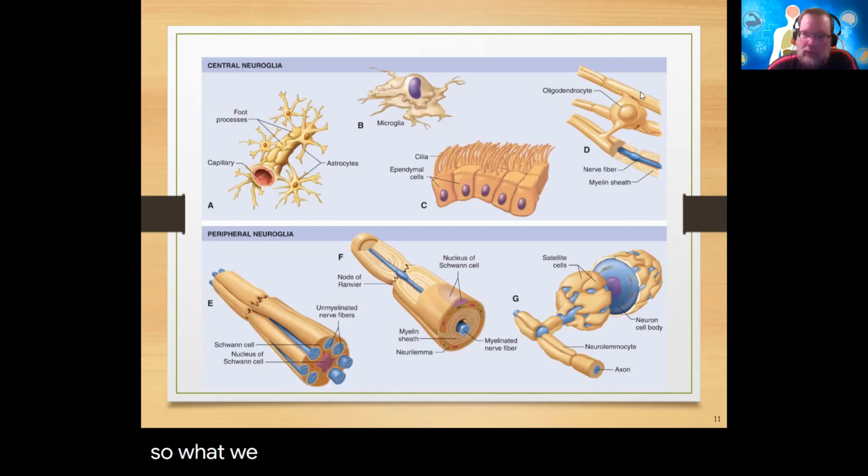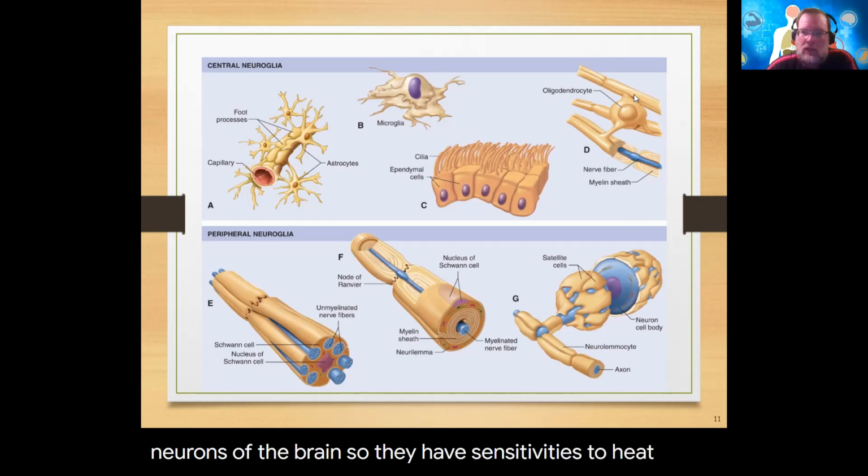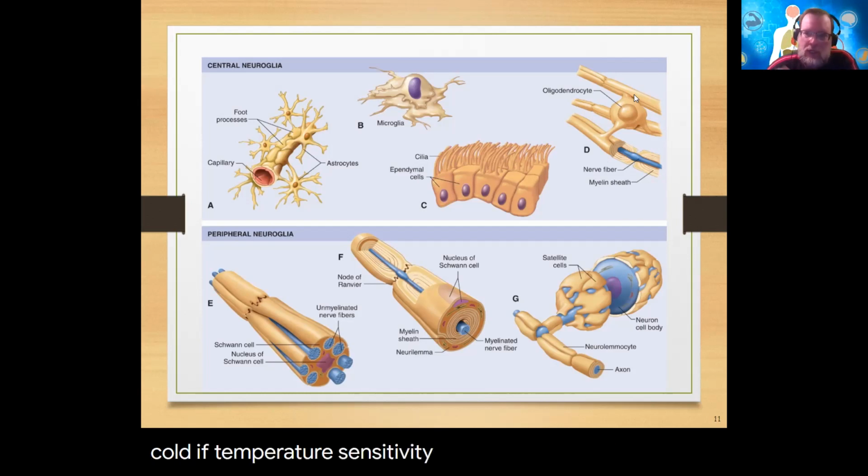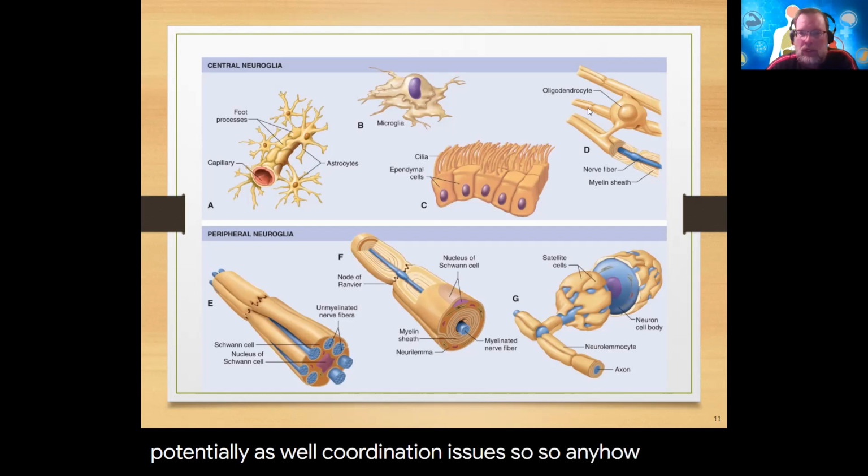What we end up with is a decrease in insulation of the nerve, whether in the spinal cord or within the neurons of the brain. So there are sensitivities to heat and cold, temperature sensitivities, and potentially movement and coordination issues. So anyhow, we think of oligodendrocytes being involved with MS.